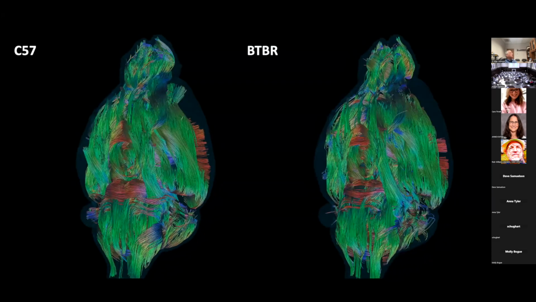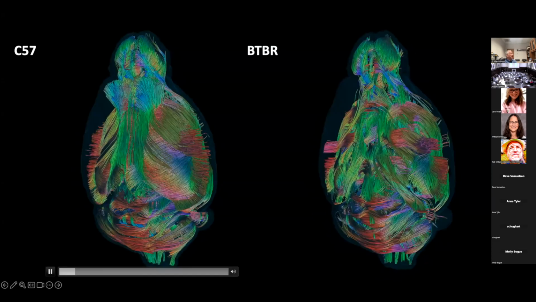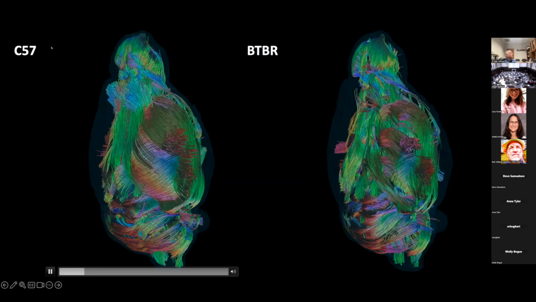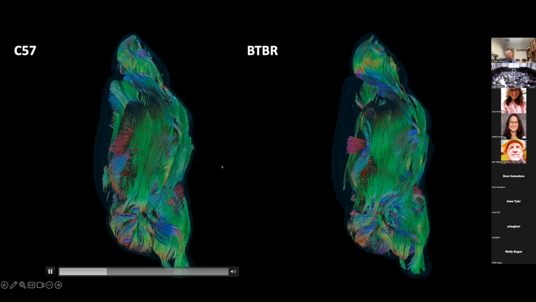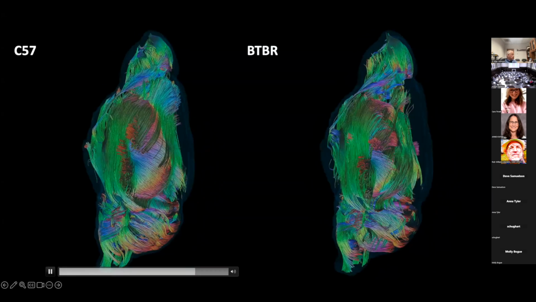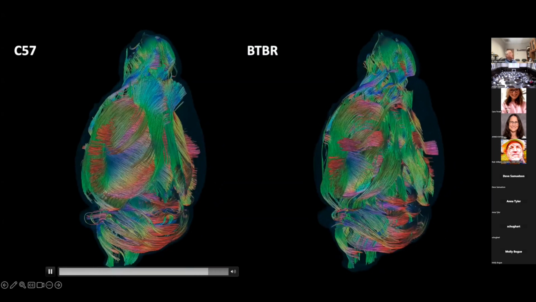And what you're seeing here is tractography. That is, we use this projection method to map out the tracks in the brain. On the left, you see the tracks for the C57. On the right, the BTBR. The green suggests movement from anterior to posterior.